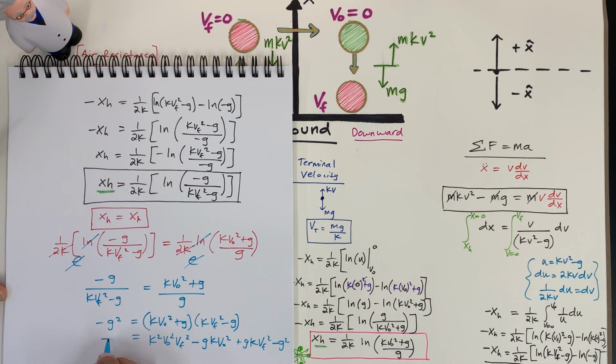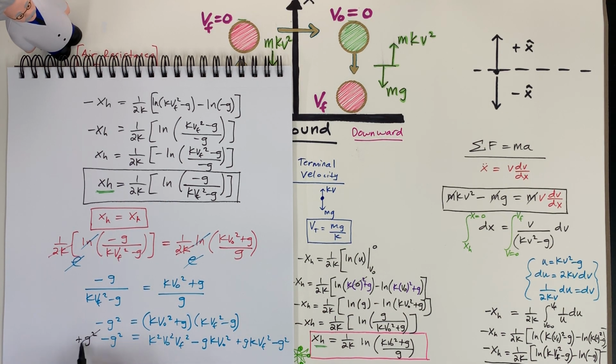And on this side we have minus g squared. So if we pass this g squared to this side, we're gonna have a positive g squared here, and these two are gonna cancel out.